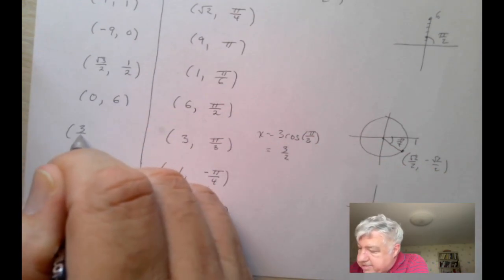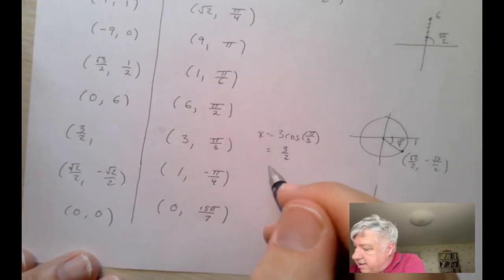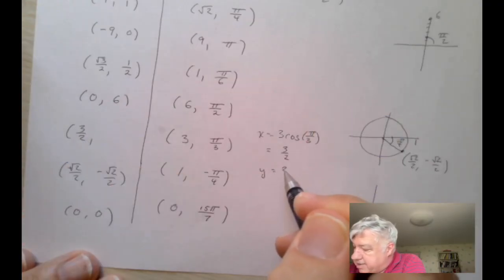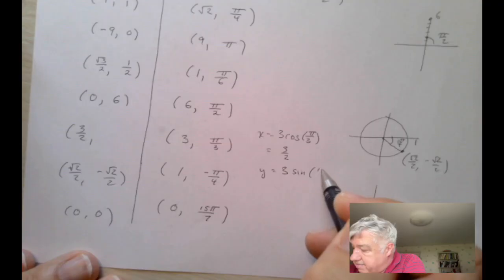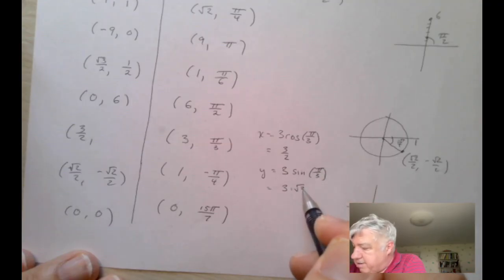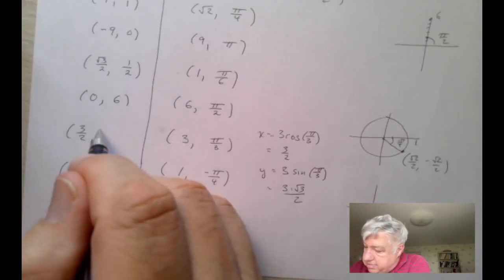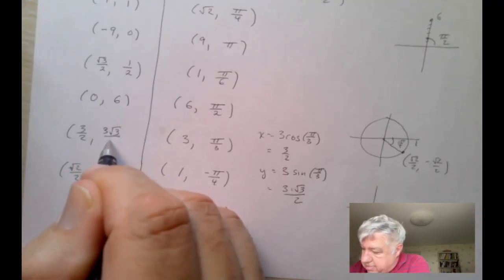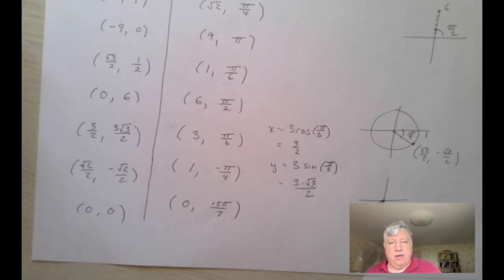And y would be 3 times the sine of pi over 3, which is 3 times square root 3 over 2. So that is how we do that.